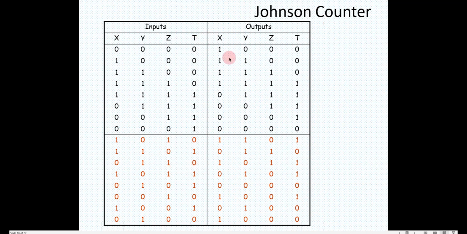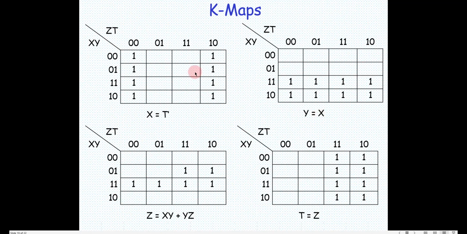If it is in this condition also, it has to come to 0, and this condition also. If by some mistake it reaches one of these states, in the next clock it will come into this particular loop. So instead of using don't cares, you map those conditions and get the output to 0 accordingly. That is one option available.